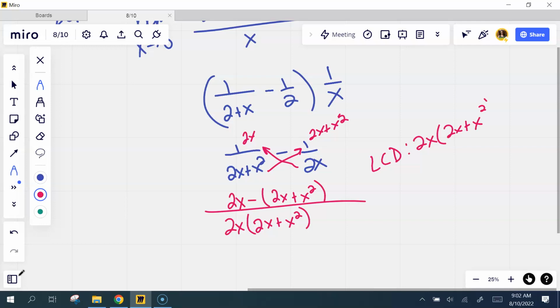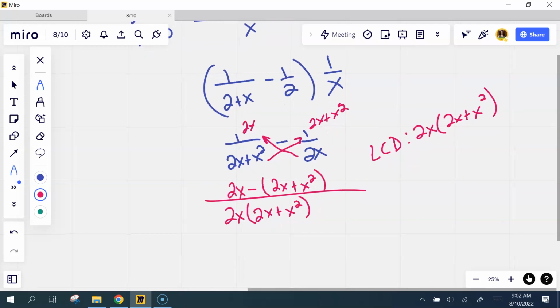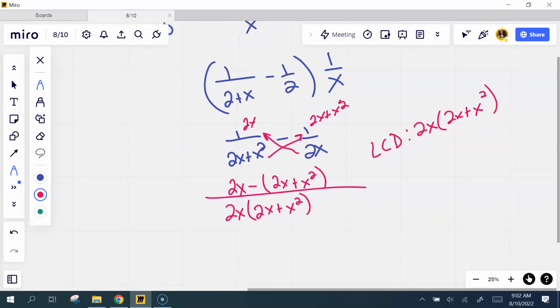Y'all are looking like you don't understand what I did. Since there are ones up top, it makes it a little bit easier. But what I did was I said, okay, if that's the LCD, I give this one 2x top and bottom, multiply. This one, 2x plus x squared, top and bottom. So my common denominator is 2x times 2x plus x squared.